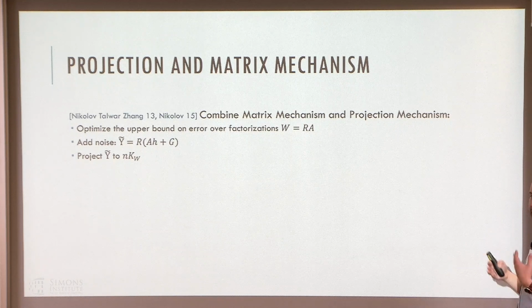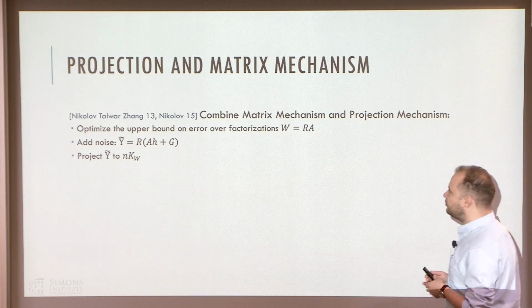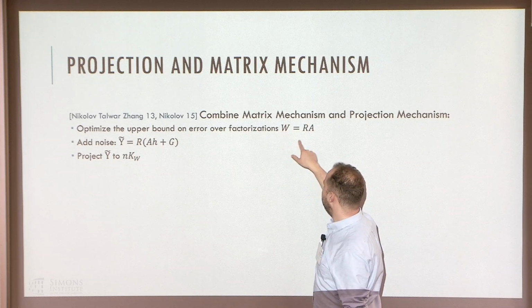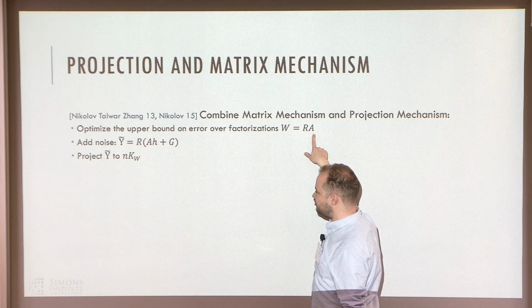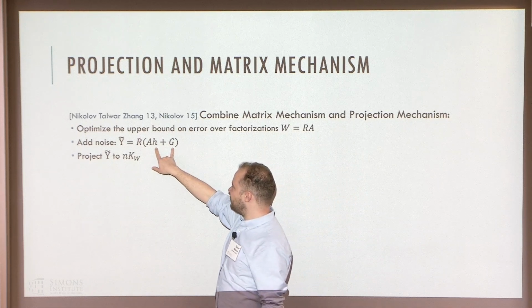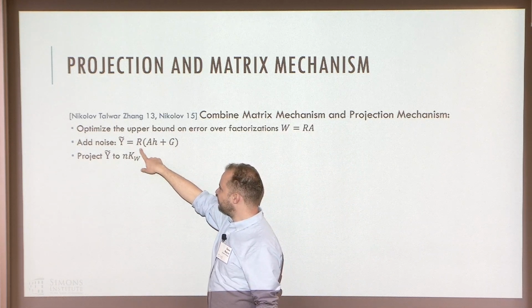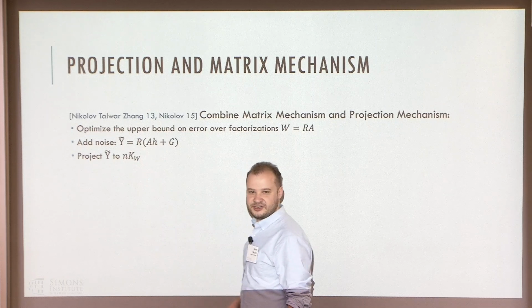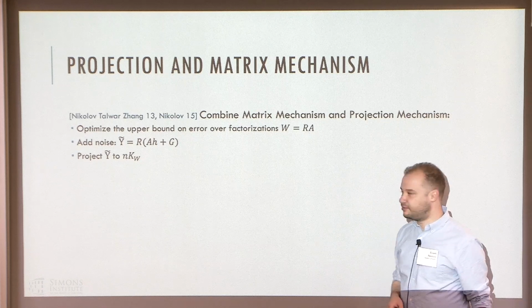But we also talked about other ways to add noise that's independent of the data, which was the matrix mechanism. So you could try to combine the two. You could try to both do this factoring of the queries into reconstruction and strategy queries, answer the strategy queries, reconstruct, and then project onto the set of feasible answers. This is a very reasonable thing to combine both of these.